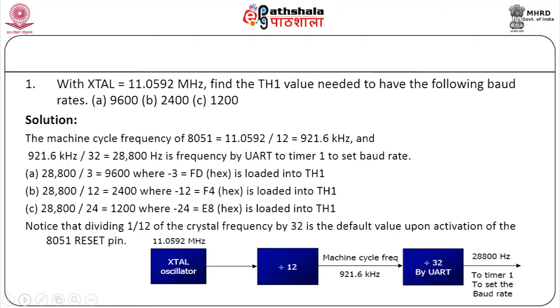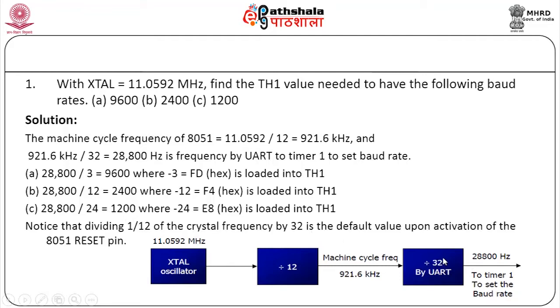So you just see that we will be having 11.0592 divided by 12 is 921.6 kilohertz, and it is divided by 32 for UART. So I will be getting only 28,800 hertz, but we need only either 9,600 or 2,400 or 1,200.